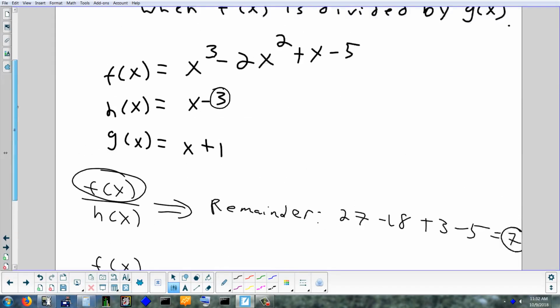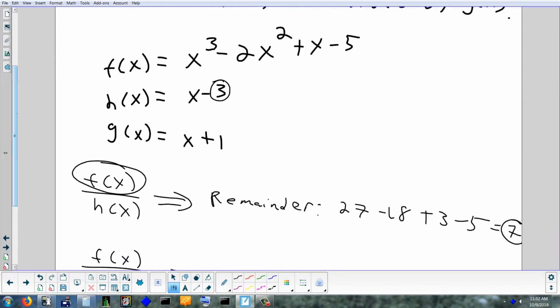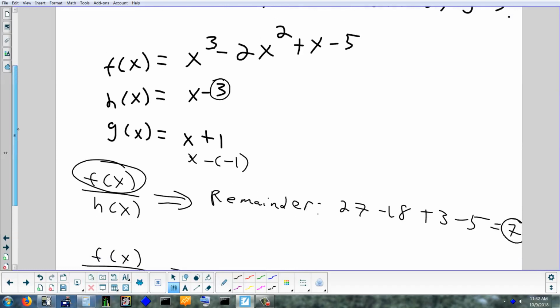Okay, let's get the remainder there. So to get the remainder when you divide by g of x, what number would you plug into f of x? Yeah? Negative 1. Because think of dividing by this. You're always plugging in the number after the minus sign. In this case, you're plugging in a negative 1.